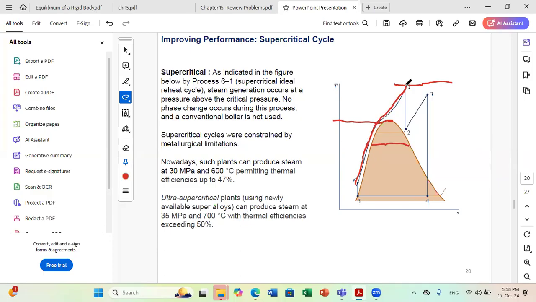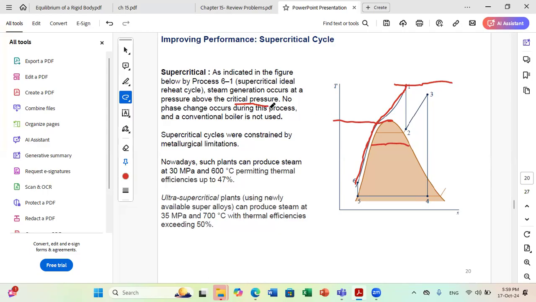Okay. And because we were able to come up with alloys that can sustain such pressures and temperatures, because of metallurgical advancement, we were able to enhance a lot the efficiency of such systems. So, as indicated in the figure, when we talk about a supercritical cycle, in process 6-1, which is heating in the boiler in a first stage, steam generation occurs at a pressure above the critical pressure.